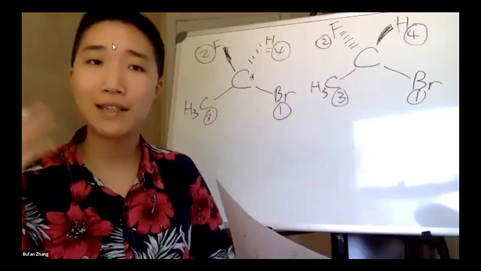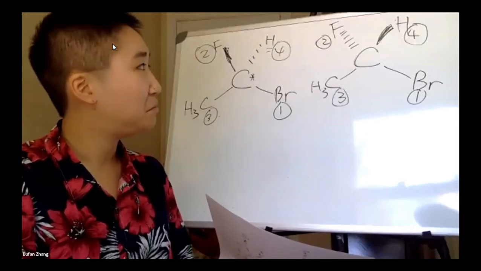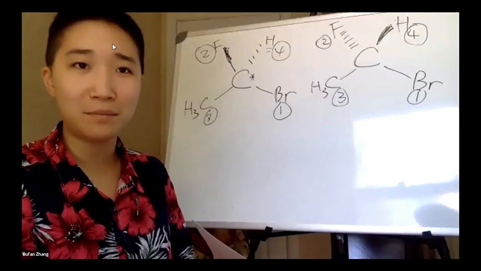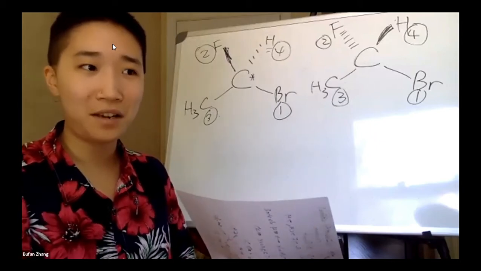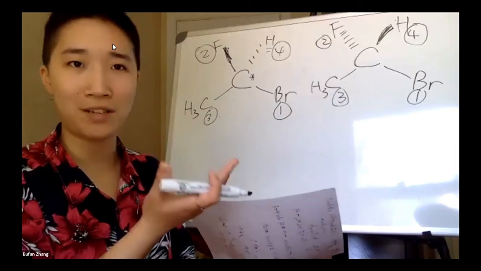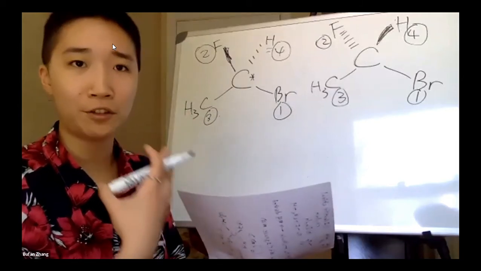We're going to rotate the molecule in our head so that the hydrogen, or the lowest ranking atom, goes into the board. This is kind of difficult because now our hydrogen is directly pointing at us. It would mean that we would have to rotate it 180 degrees, and I understand that it's difficult for people who just started learning organic chemistry.